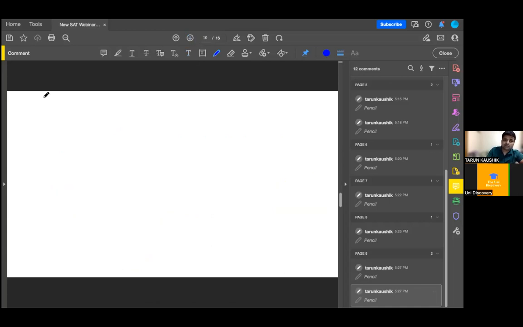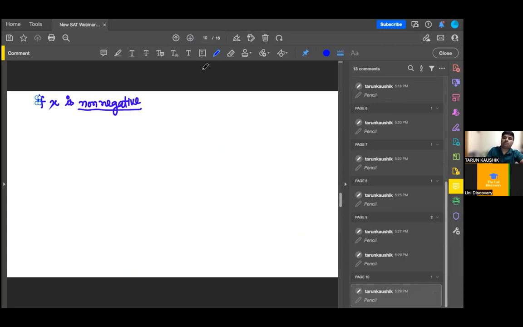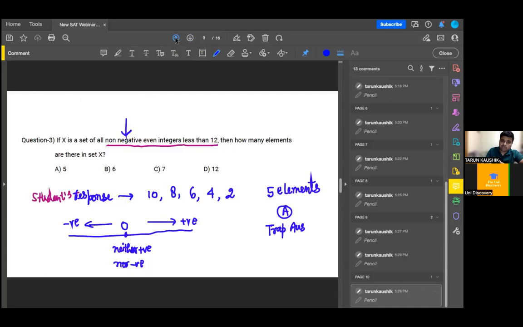Now let's say somebody makes a statement that x is non-negative. I'll focus on this word non-negative, which means it cannot be negative. The common assumption is that if it is not negative, it has to be positive. But let's understand what the correct answer should be.